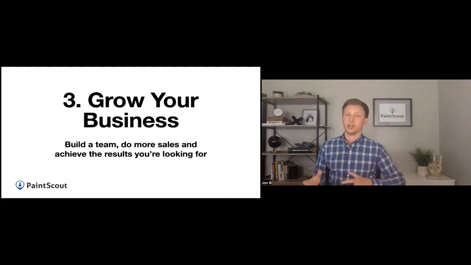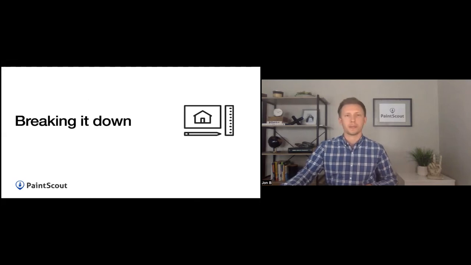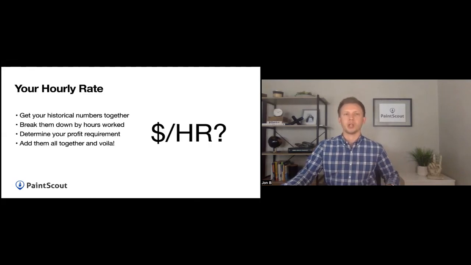And for those of you who are here, who are in the discussion, who already have a systemized approach, you'll understand these 3 points. But today we want to break down what that hourly rate is so that you can have a better, more consistent understanding of how your business operates. All right, I'm going to start by breaking it down. What is your hourly rate?